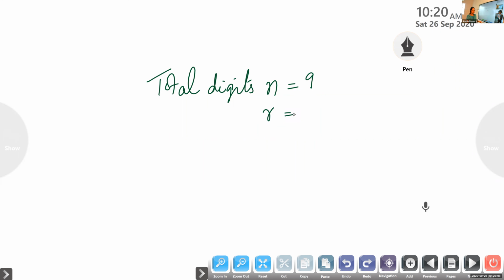We want to frame a 4-digit number. 4. So what will be the required number of ways? 9P4. Yes, it is 9P4. Okay, here we are solving this problem using permutation. A similar question we did using the principle of counting.